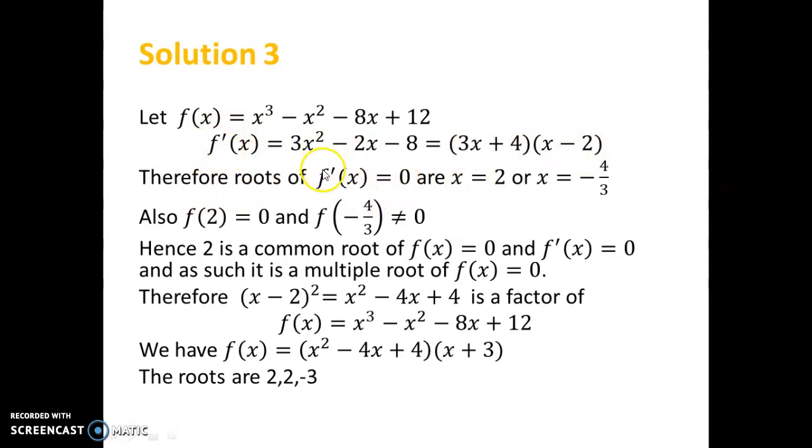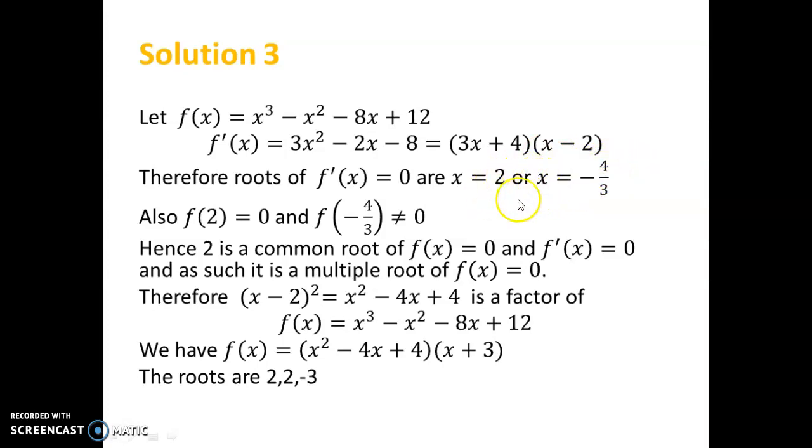Therefore the roots of f dash of x equal to 0 are x equal to 2 or x equal to minus 4 by 3. Here 3x plus 4 equal to 0 implies 3x is equal to minus 4. Therefore x is equal to minus 4 by 3.